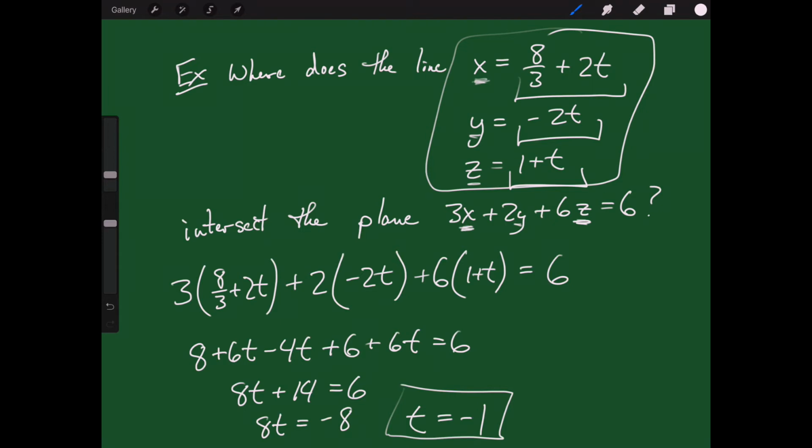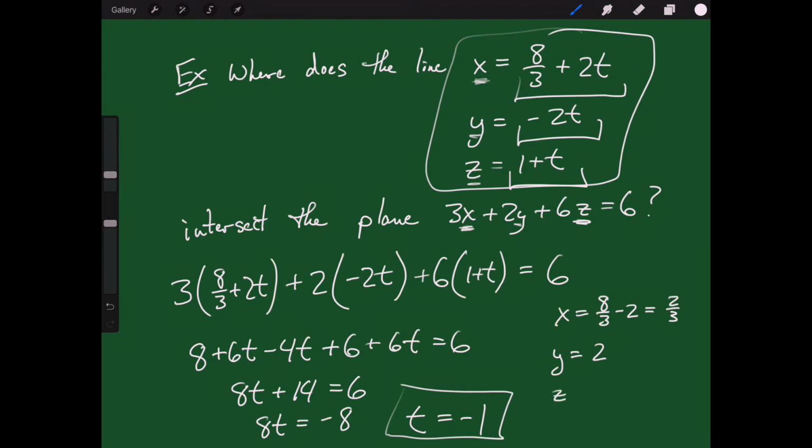So if I plug in t equals minus 1, what do I get? I get that x is equal to 8/3 minus 2. Well, what's 8/3 minus 2? This is 8/3 minus 6/3, which is 2/3. For y, I plug in minus 1 and I get minus 2 times minus 1, which is just 2.